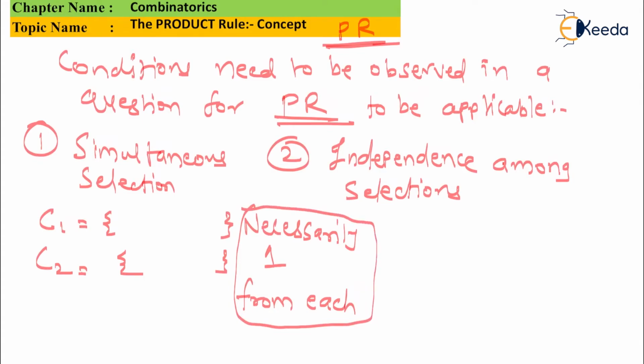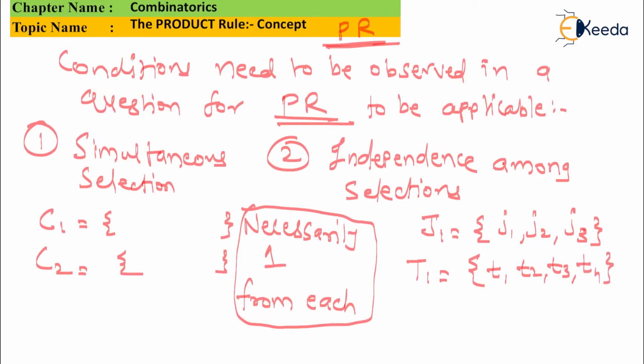Now what do you mean by independence among the selections? We could again take the same example. You had G1, J1 genes, J2 the second genes, the third genes, and T, let's say, 4 t-shirts, again from the example.